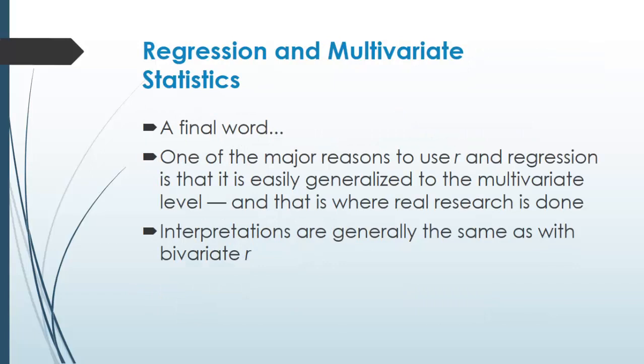Pearson's R and regression are easily generalized to multivariate level. So when we begin to introduce multiple variables as multiple predictors of an outcome, that's an ideal situation. We know that there are multiple reasons why things occur.